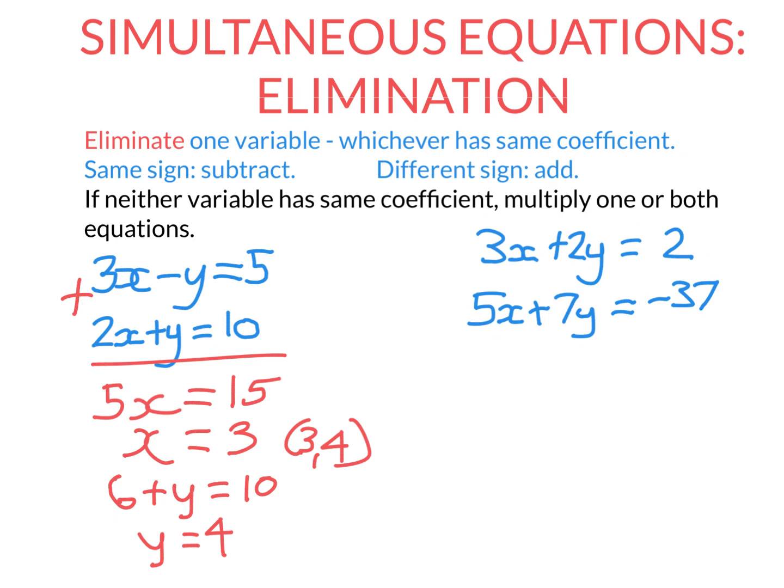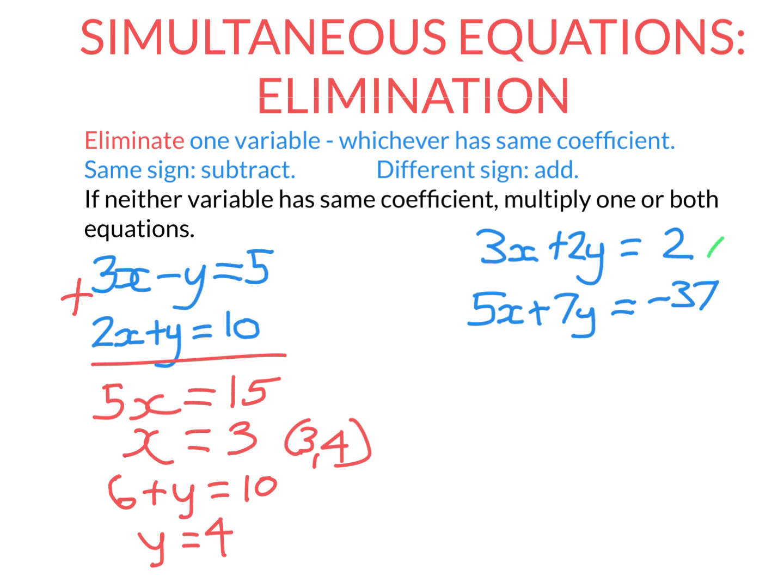Which variable am I going to eliminate? That's tough, because neither x nor y has the same number in front of it in both equations. What I therefore need to do is multiply both equations so that either x or y, it doesn't matter which one, has the same coefficient in both equations.